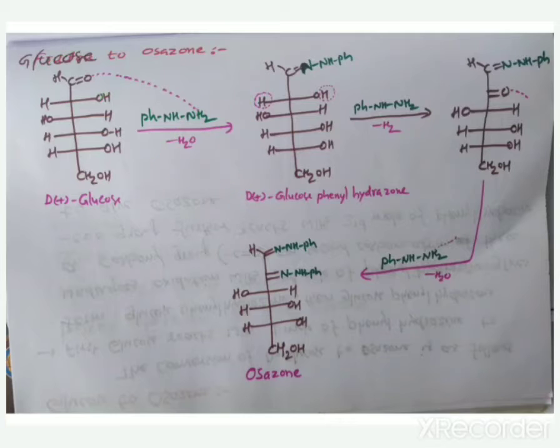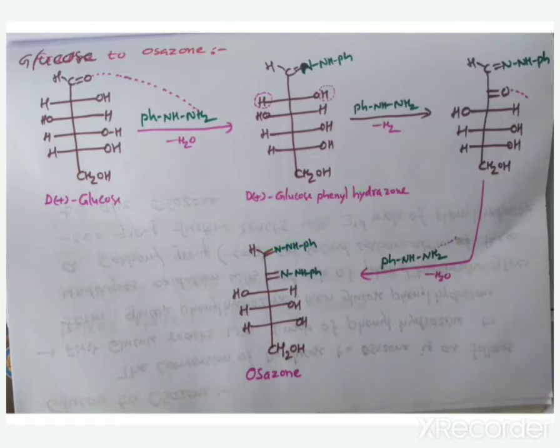So here, in the place of oxygen, we write PhNHN. So this is D-glucose phenylhydrazone.